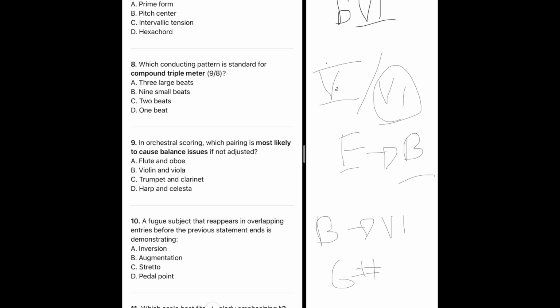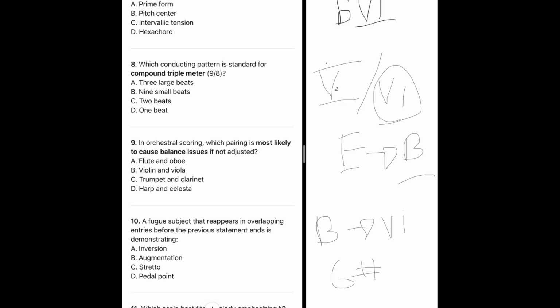Which, in tonal set theory, two sets related by transposition or inversion is... two sets related by transposition or inversion. Prime form. I think it's prime form, so that's going to be that question.